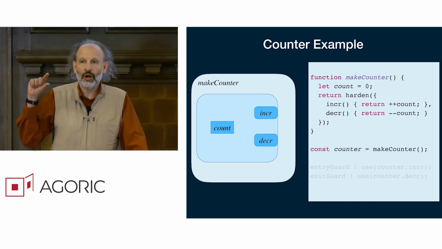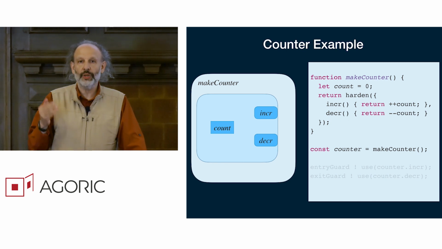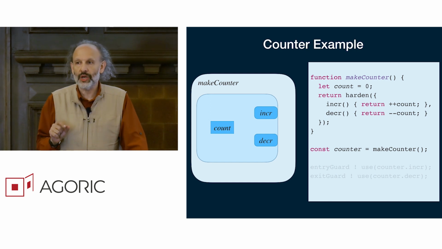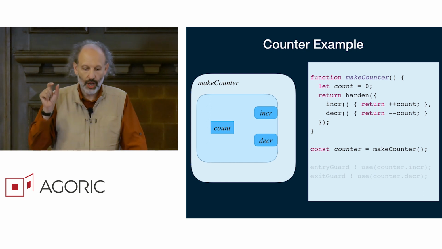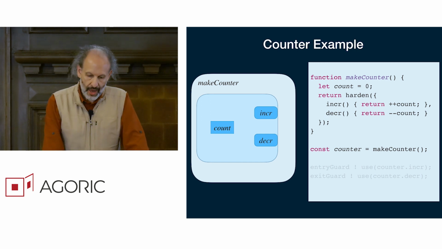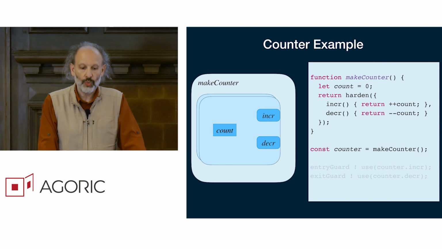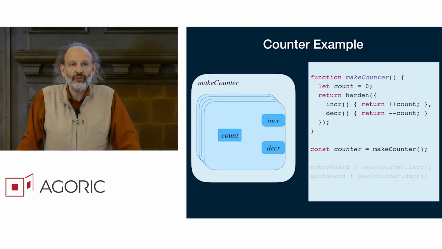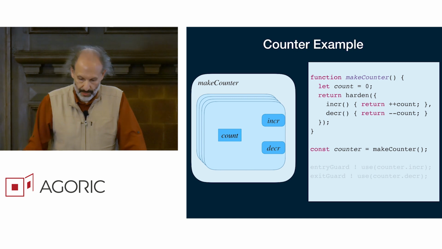The inker and decker are shown on the surface because they're visible outside the object. The count variable is shown inside because it's encapsulated. Only the inker and decker method can get to it. Every time we call makeCounter, we get a distinct instance, and each of these instances is isolated from the others.